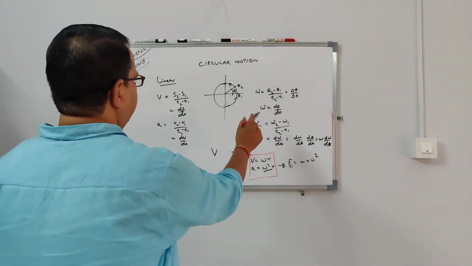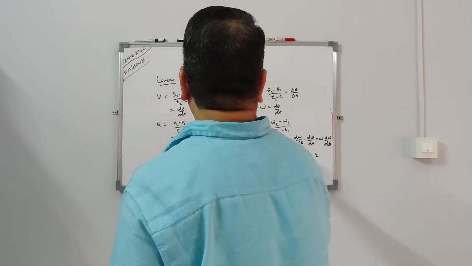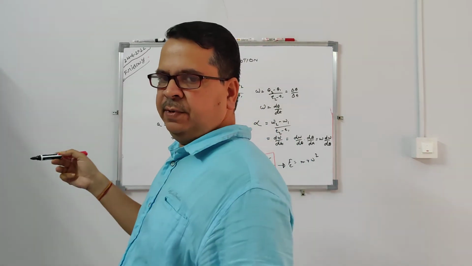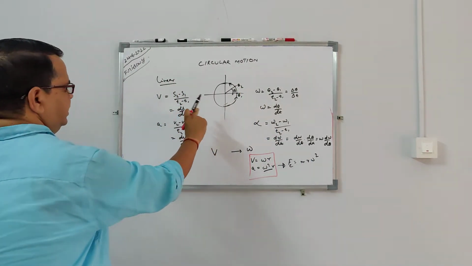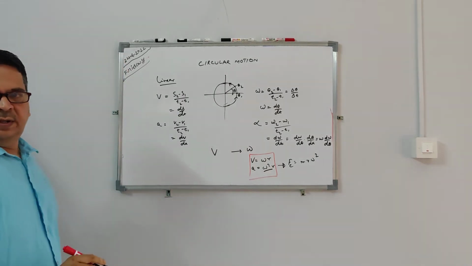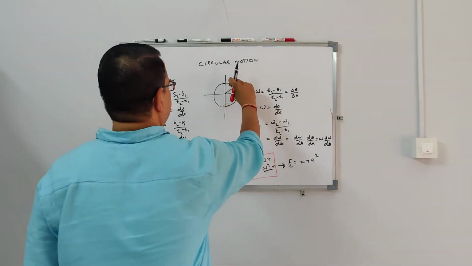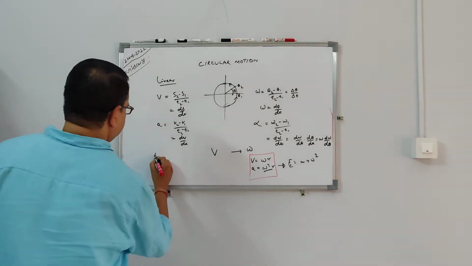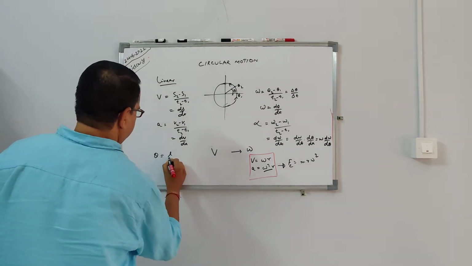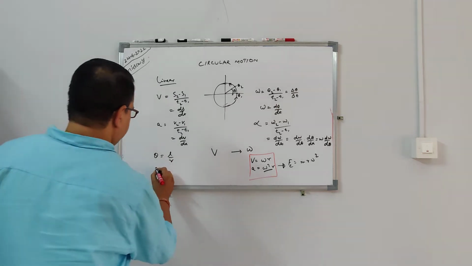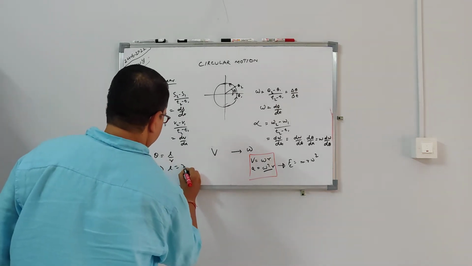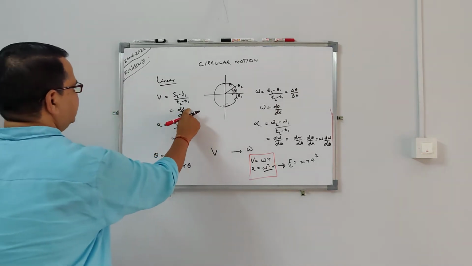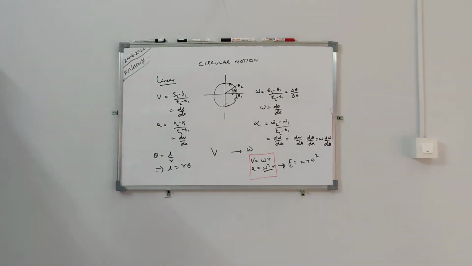Actually, how do you get it? There is a relationship between ds and d theta. d theta is the angle and ds is the arc length. You know theta is equal to L by R, so L is equal to R theta. In this case, ds is equal to R d theta.